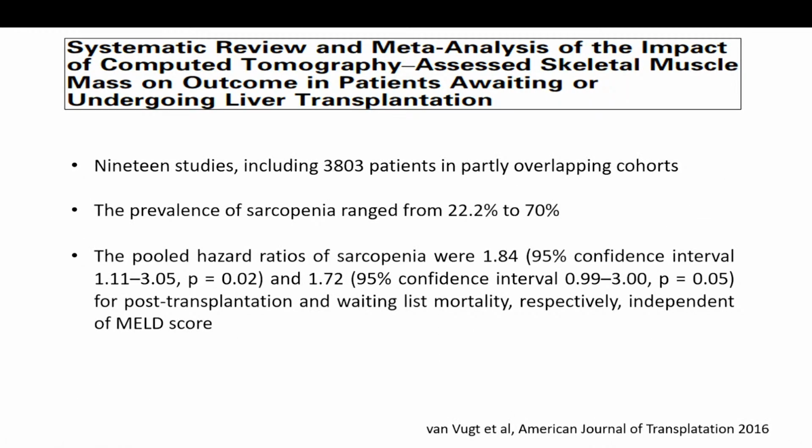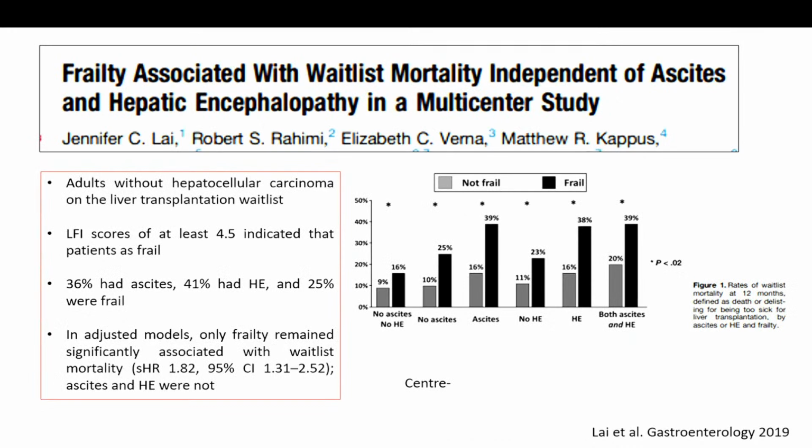There is a systematic review and meta-analysis with similar data again. It says that if you have sarcopenia, the post-transplant and waiting list mortality is much more. And this is US data. It again emphasizes the same thing, whether you have ascites as a decompensation, whether you have hepatic encephalopathy, and/or you have sarcopenia.